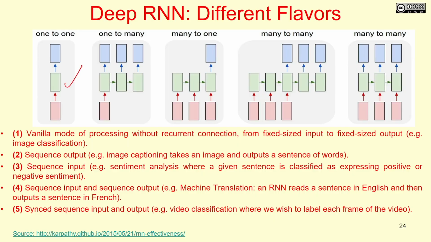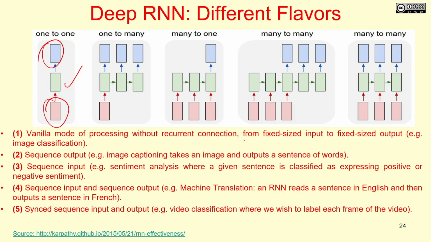With respect to the different application domains where the deep RNN has been applied, we have different flavors. First, one to one, that is one input layer and one output layer. This neural network is treated as a simple vanilla model and it can be used for normal image processing, like how the CNN model is used.